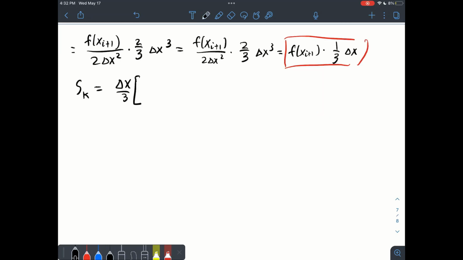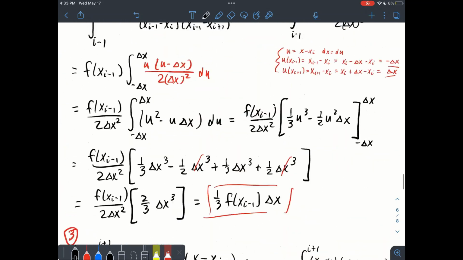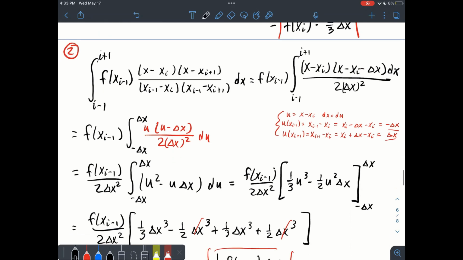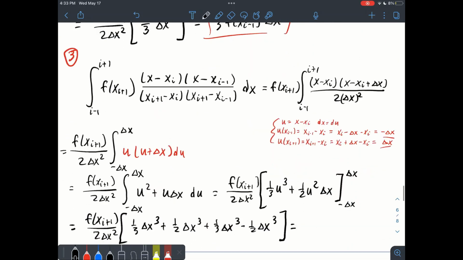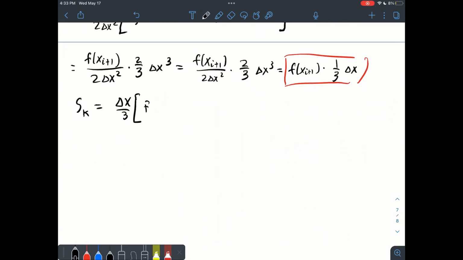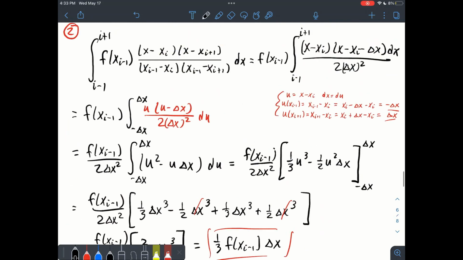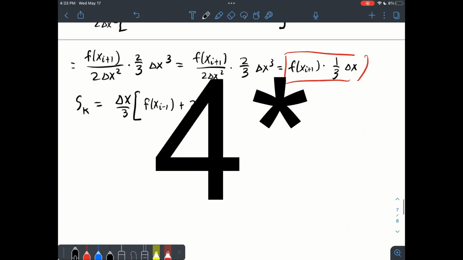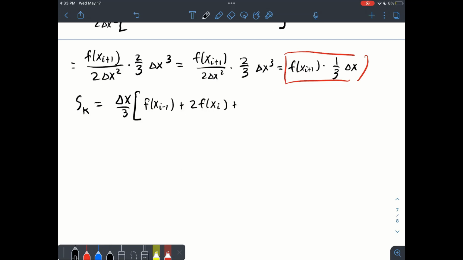Now we have, right, the first one that we had, we'll put 2, 3, and 1, so we'll put them in order. So the result from 2 was 1/3, so we have 1/3 of f of xi minus 1. And then let's look back up. What was the f of xi node? Okay, there were 2 of them. And then from right here, we have just 1/3.